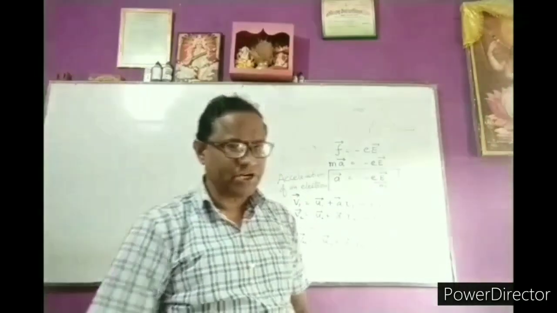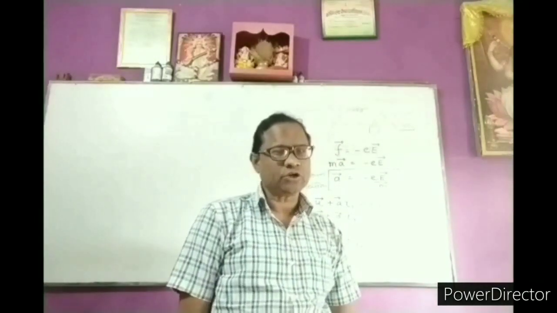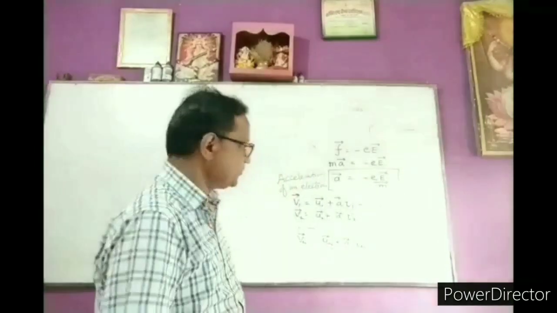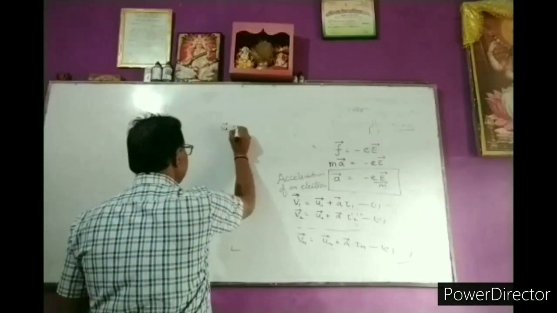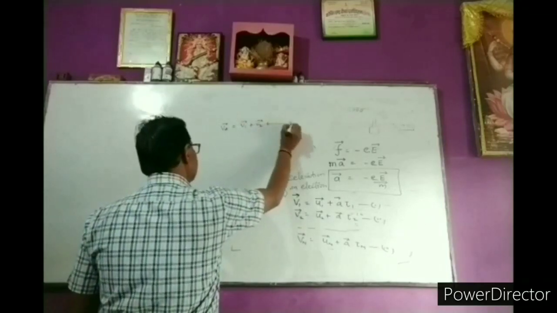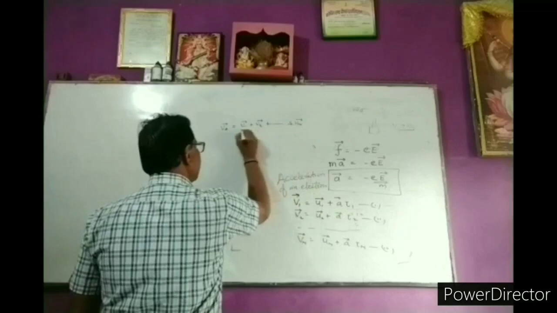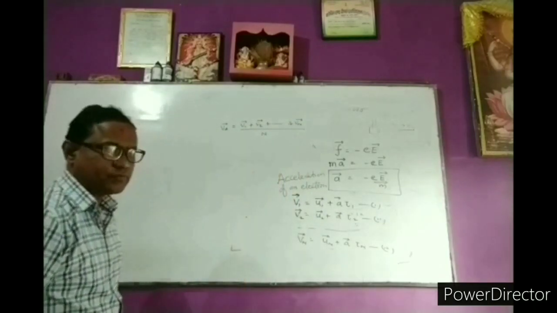So the average velocity Vd of all the n electrons will be Vd is equal to v1 plus v2 plus up to vn divided by n.